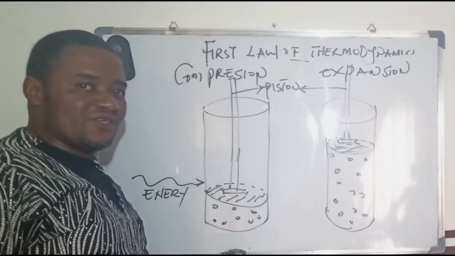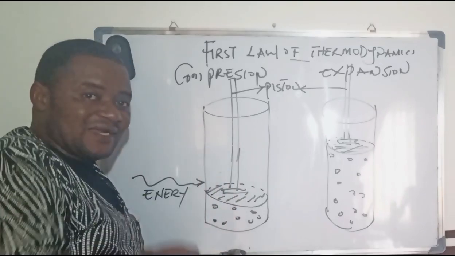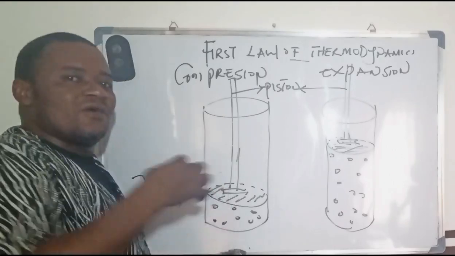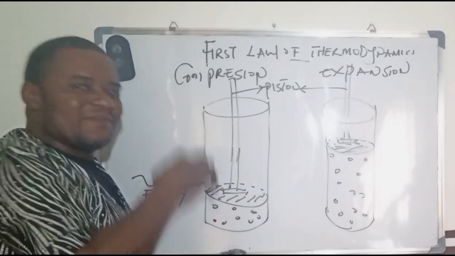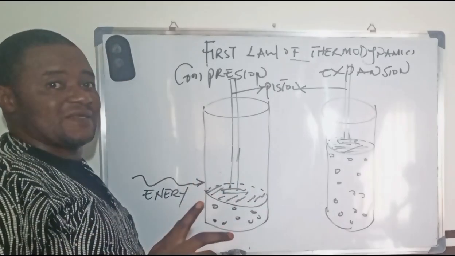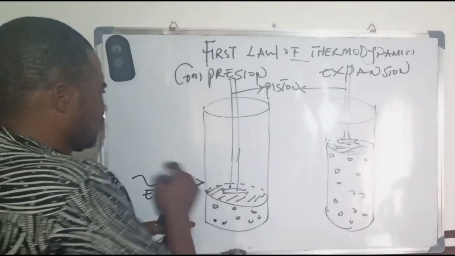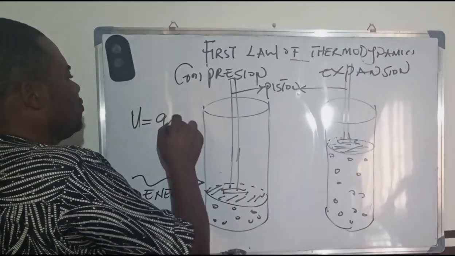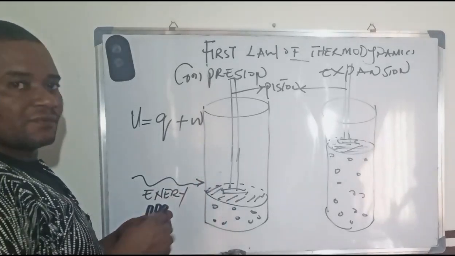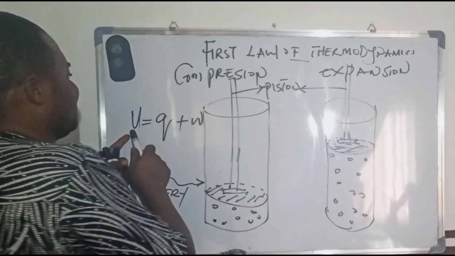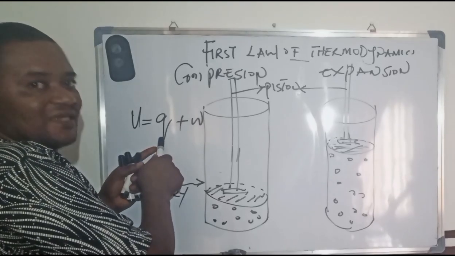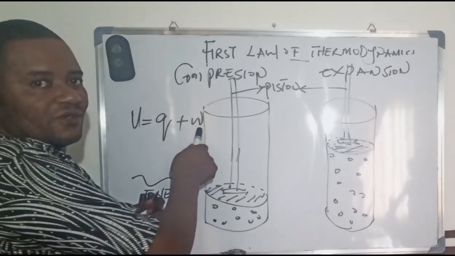The internal energy. So it gains more internal energy, and because it gains more internal energy, work is done on the system by the environment. That's what it means. So if we say so, it means that our change in internal energy will be equal to Q plus W. Of course, where this is the change in internal energy, this is the heat supplied, and this is the work done.